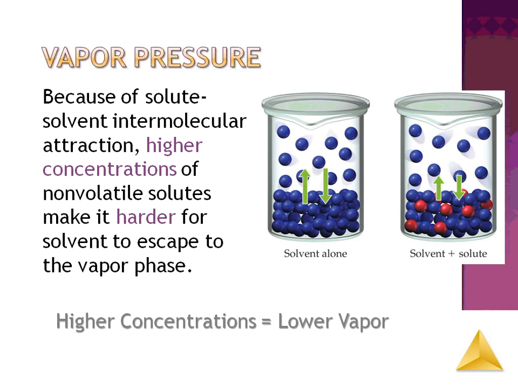So if the intermolecular attractions are higher because of these solute particles, then it's going to make it more difficult for the solvent to actually release those molecules. We saw before that intermolecular attractions, the higher they are, the lower the vapor pressure. So one of the things that we can definitely see, a colligative property, is vapor pressure, and whenever we have a higher concentration of an impurity, it's going to cause the vapor pressure to decrease.